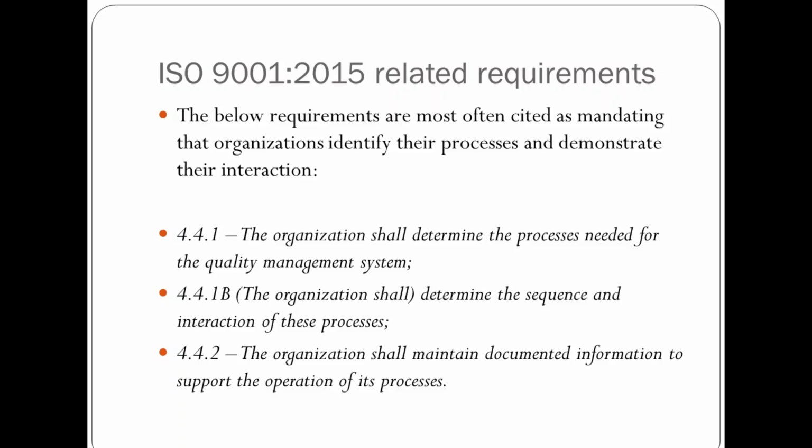And then we look to 4.4.2, where it states that the organization shall maintain documented information to support the operation of its processes. Now, there are a number of things that are taken away from that clause, one of which is that we have to have a clear picture of what the processes are in order to support the operation of processes.